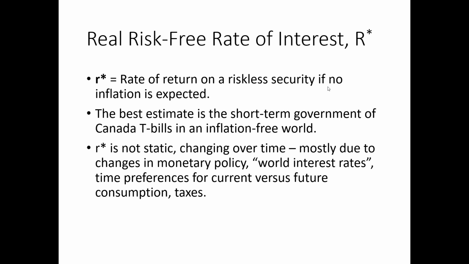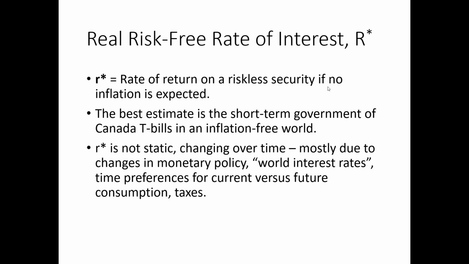So there's never any chance that they'll default, because they can just print more bills, give you that, and send you on your way. It doesn't mean that's a good thing, but it's what makes it riskless. So no risk of default there.